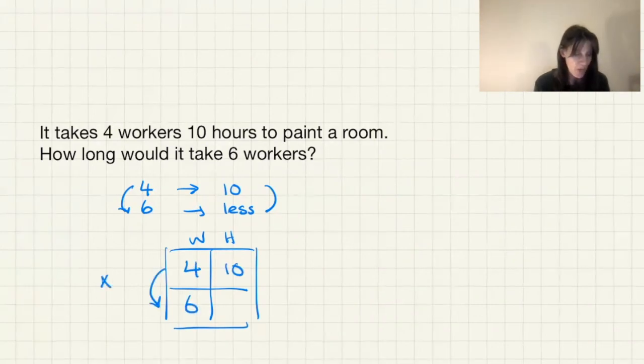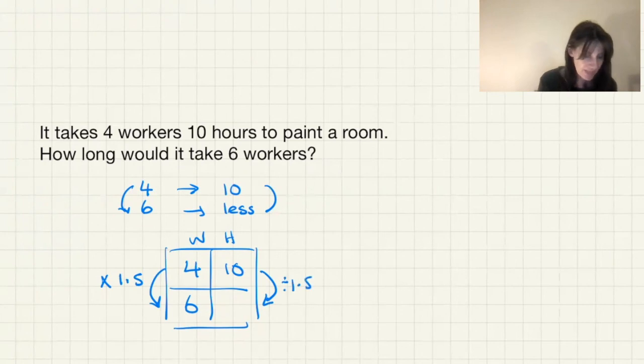So I'm going to have to work out what I actually multiply by. So you do the opposite. You do 6 divided by 4. And that tells you what to multiply by, which is 1.5. So you do the inverse, the opposite. You're going to divide by 1.5.